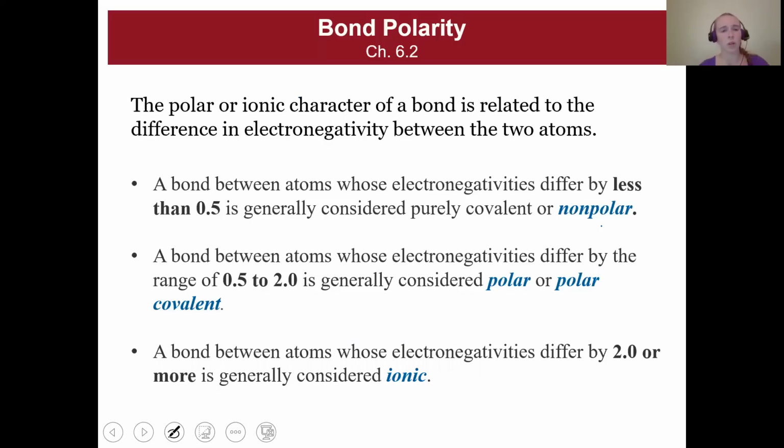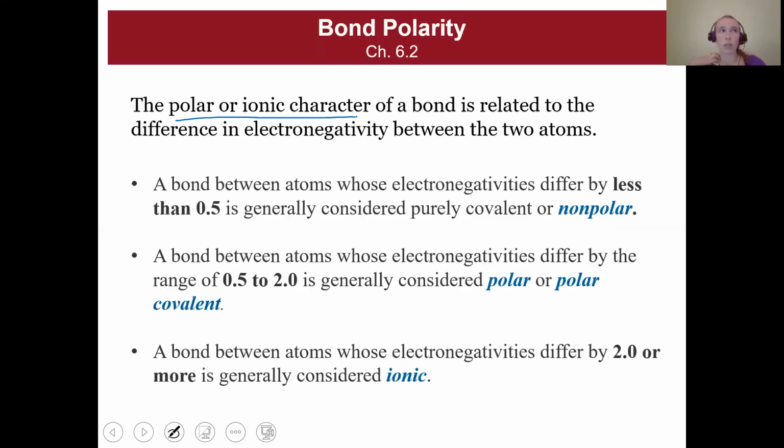Alrighty, so I've sort of mentioned this, but the polar or ionic character of the bond, depending on how big the difference is, or how much one atom will attract electrons compared to the other, is related to the difference in electronegativity between the two atoms.